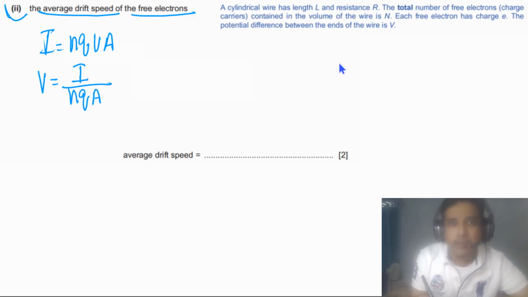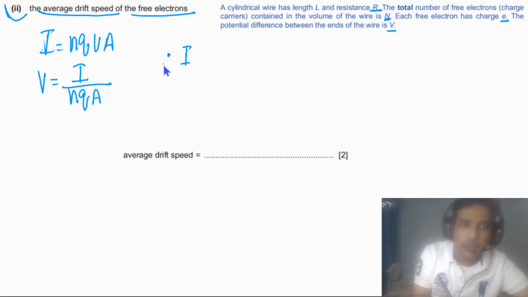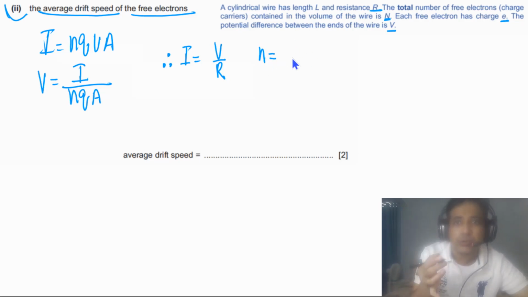But if you look at the given information, it is given to us that we have the volume of the wire, and we have the total number of free electrons in the wire, and each electron has charge e, and we have the total resistance of the wire. So first of all, we can write down I, which we have already determined. So I is equal to simply V divided by R. And we have N, so we can say that N is the number of free electrons per unit volume.